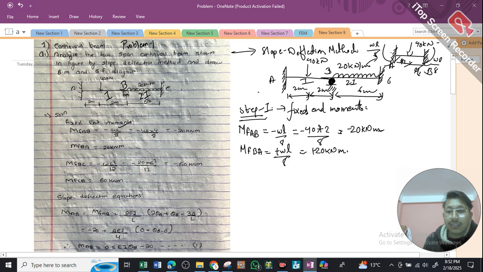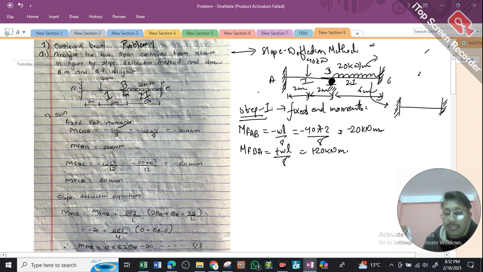Next we'll look at our section BC. Again, as I explained before, the roller support will be changed into a fixed end. Right now we are looking at only this section. Let me draw this section over here. The roller support changes into this type, and we have a uniformly distributed load of 20 kilonewton per meter acting here.